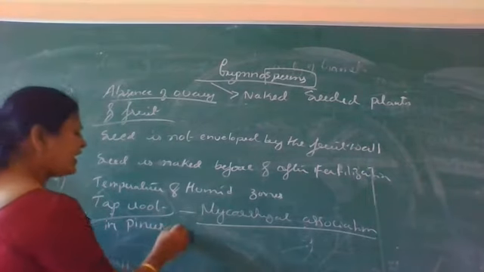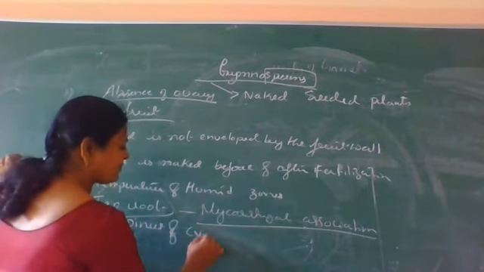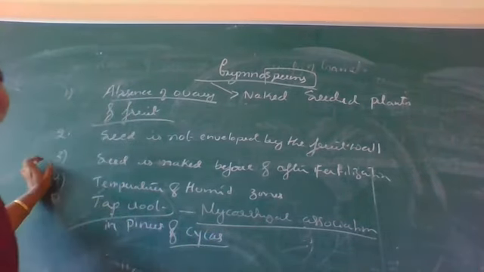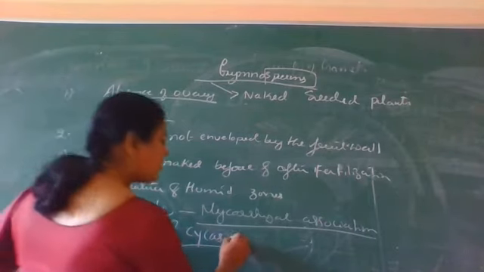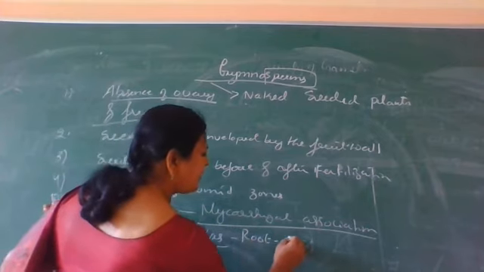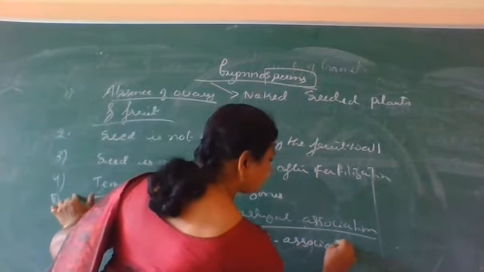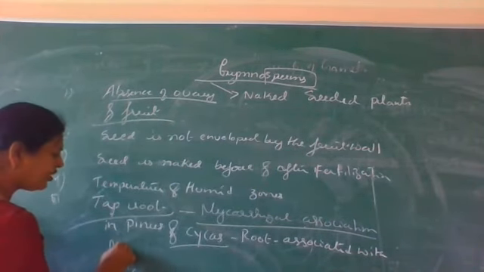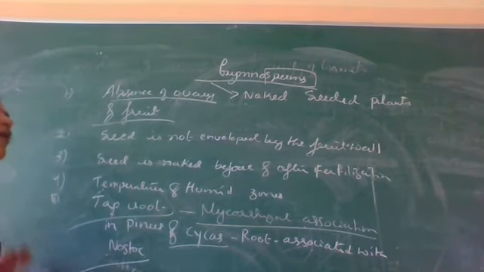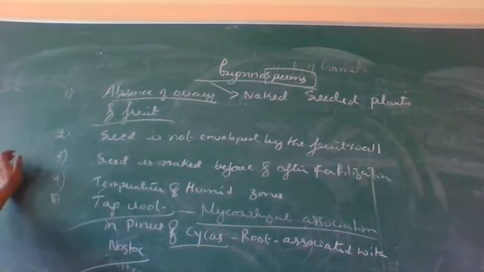And in case of Cycas, which is called the palm fern, the roots of these Cycas plants are associated with a blue-green algae called Nostoc or Anabaena, generally Nostoc. The roots of Cycas are associated with a blue-green algae called Nostoc.